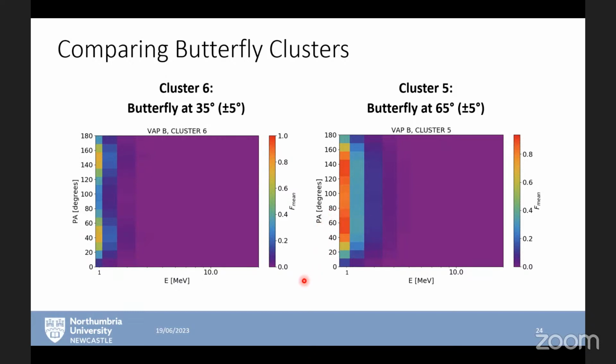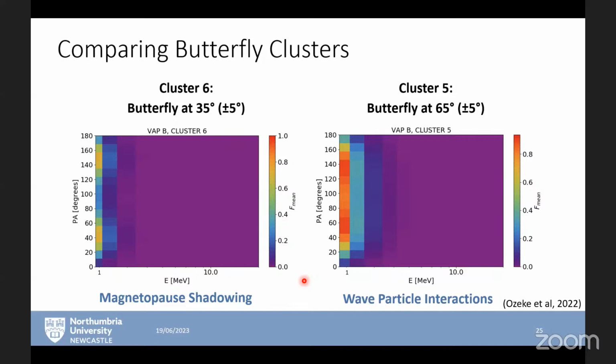Now, the differences in these 2 different pitch angles suggests that they have been caused by 2 different magnetospheric phenomena. And this is supported by the work of Ozeki et al. of 2022, who associated butterflies at 35 degrees with magnetopause shadowing, and butterflies at 65 degrees with wave-particle interactions with chorus or magnetosonic waves.